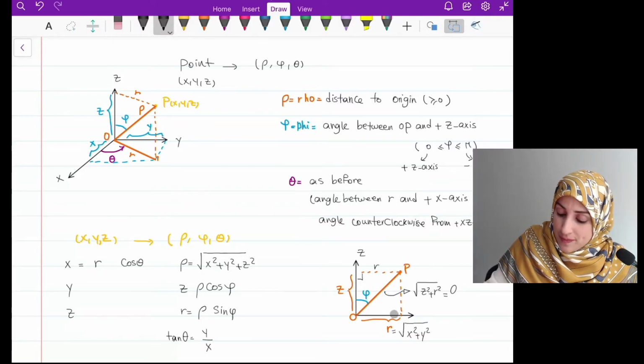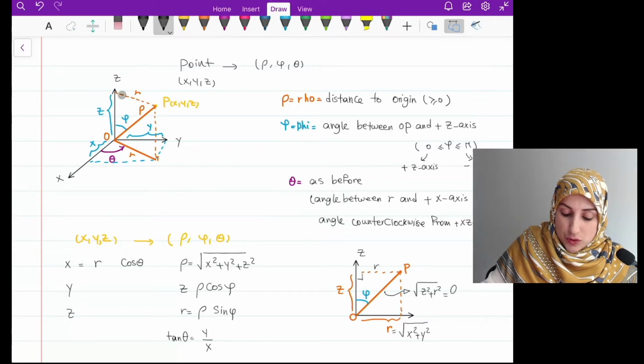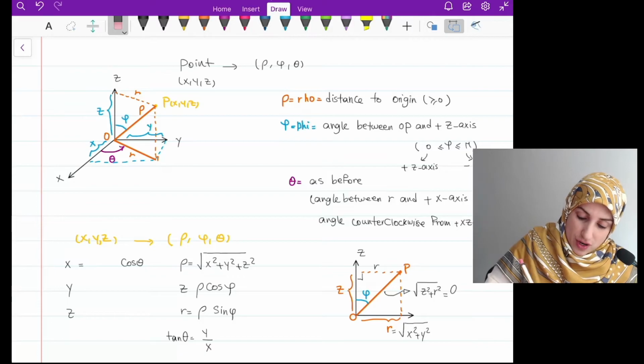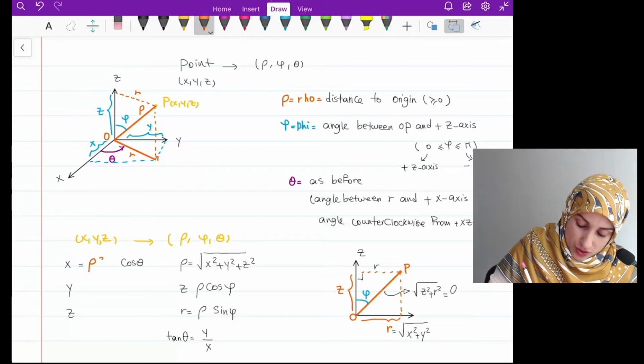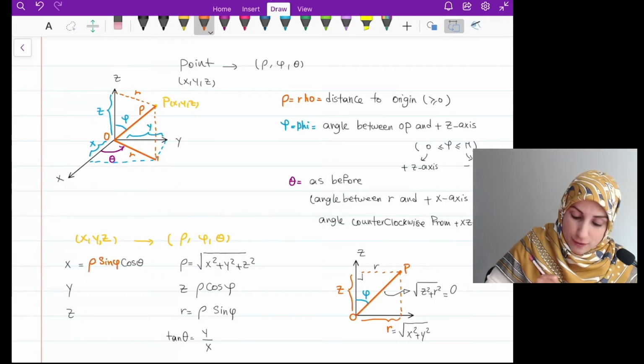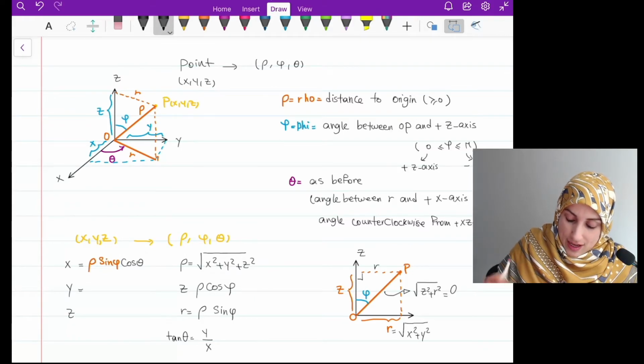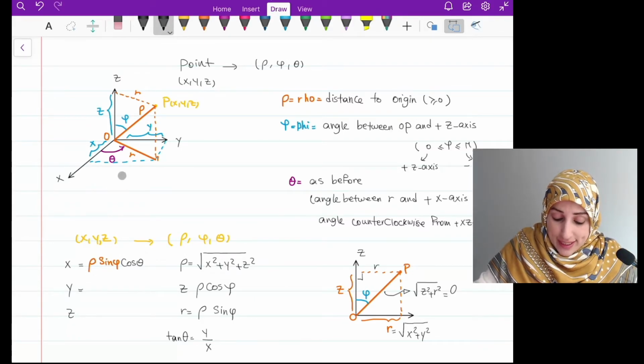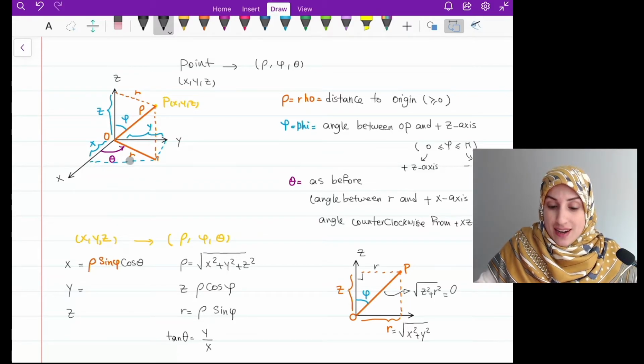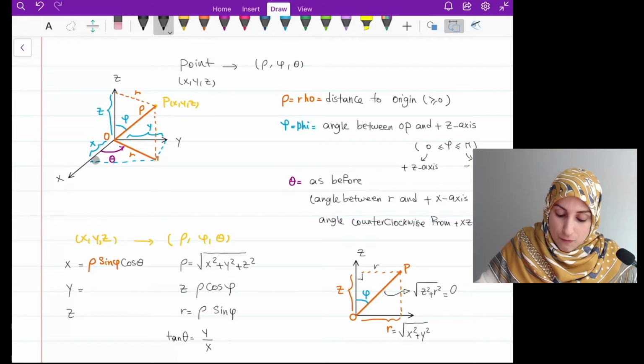What is r? Looking at this right triangle in here, which would be the same as this one in here, r is rho sine phi. So instead of r, I write rho sine phi. Okay, for y, I have the same idea. Looking at y in here, which would be this distance, y would be r and then sine theta.